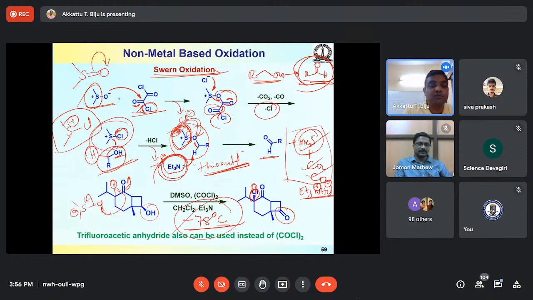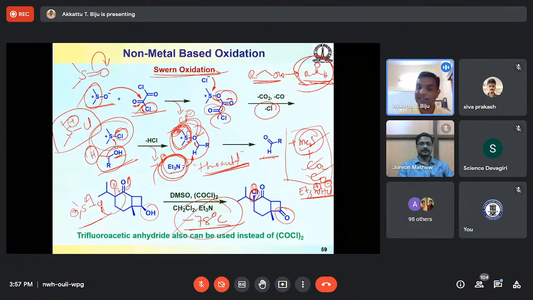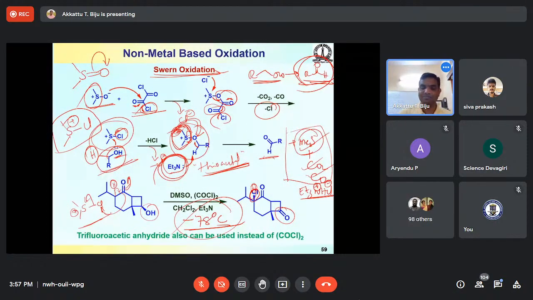So there is a remote possibility. Sometimes it can happen if we use excess reagent, because there will always be chloride anion in the reaction medium that can alpha-chlorinate under the reaction conditions in rare cases. Okay. Yes.